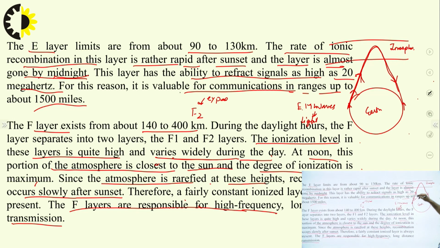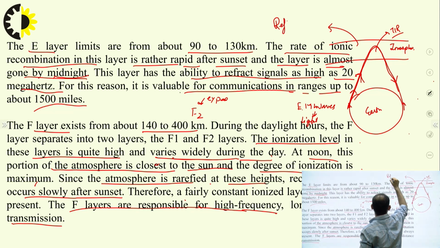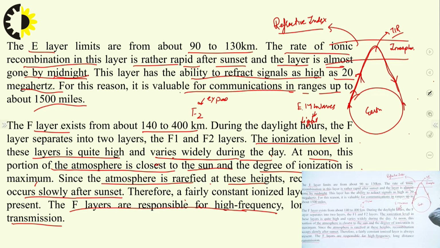When this total internal reflection takes place, there is some refractive index of the ionosphere which is responsible for the refraction or total internal reflection of the EM wave, and this EM wave generally has the same property as light.